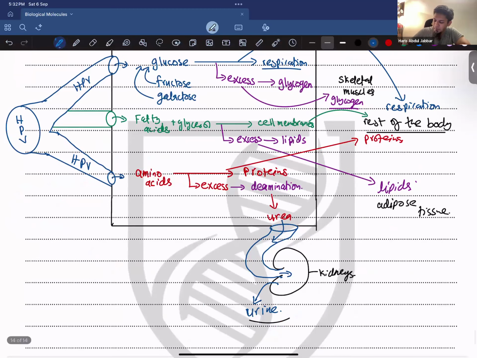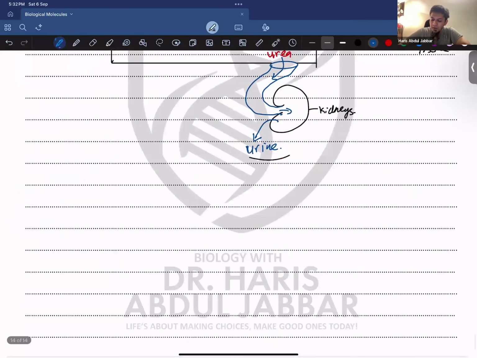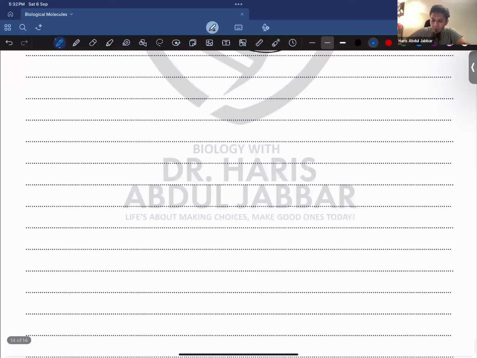Now that we're done with assimilation, let's move on with the last part of the alimentary canal, and that's the large intestines. The different parts of the large intestines are also called as colon.